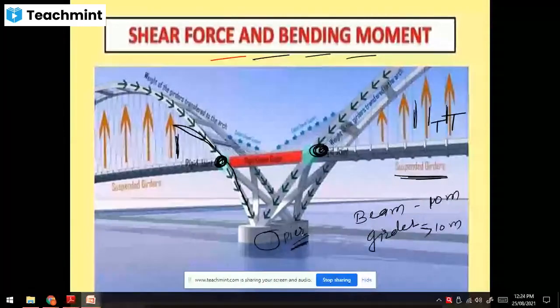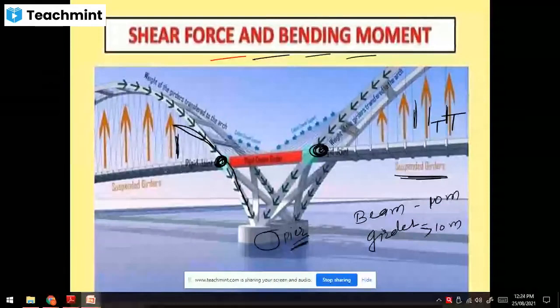A pier is one type of foundation. Whatever the structural element is below, the load is transferred from that to the subsoil.